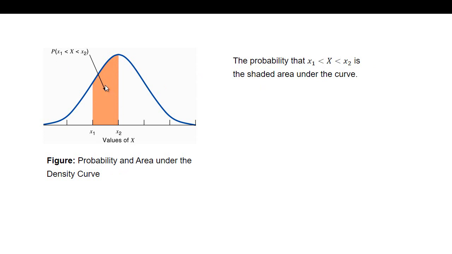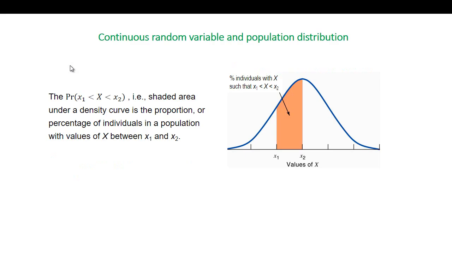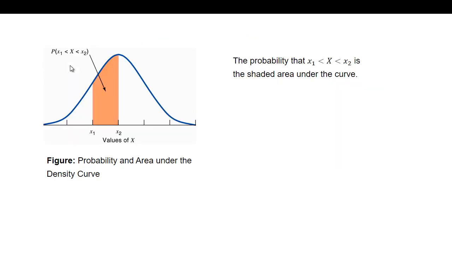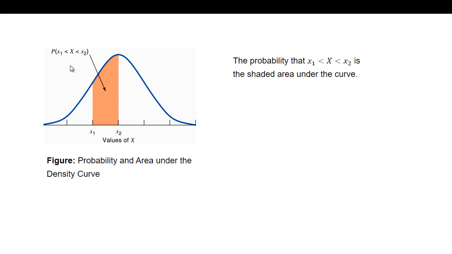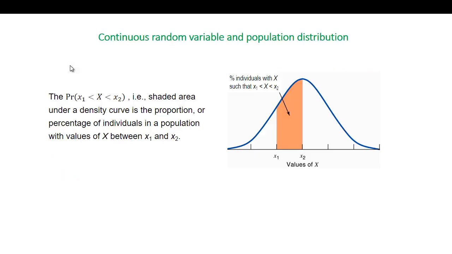So this shaded area is the probability that x is between x1 and x2. Because probabilities are given by areas below the curve, the probability that x is equal to a particular value will be 0, because the area would be 0 in that case.